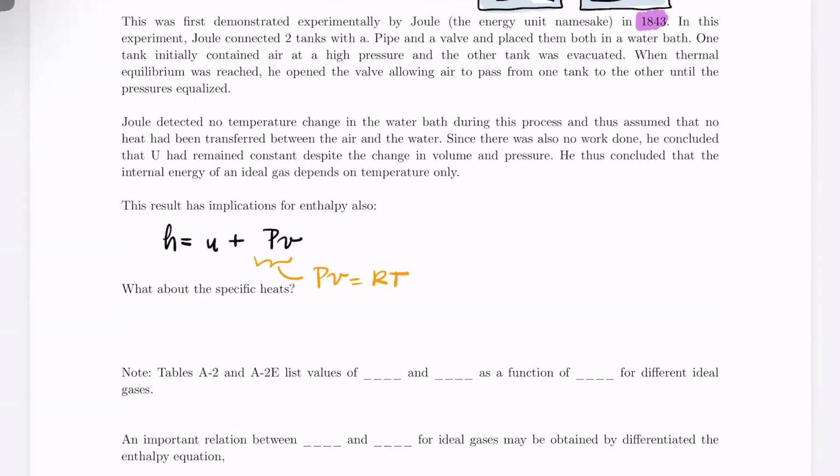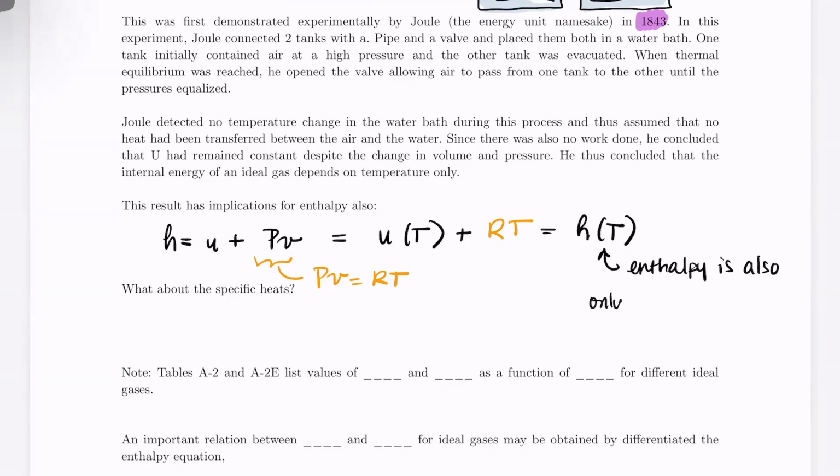Since our experiment showed that internal energy is a function of temperature, and since we can write PV as R times T, that means that enthalpy is also only a function of temperature for an ideal gas.